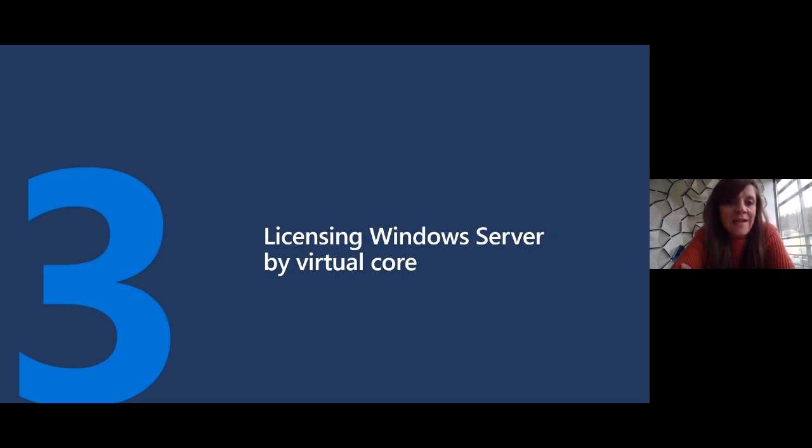With the virtual core licensing option, customers can now choose to license Windows Server by the number of virtual cores they are using in the VM. So it makes Windows Server licensing really easier when virtualizing or going to an authorized outsourcer. So let's take a look at this.